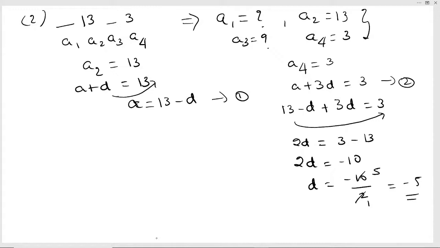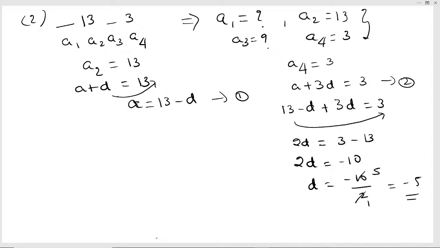Okay. So this is the common difference that we got, but we need the value of A1 as well as the third term. Now by using this D value, we can find A1 and also A3. Okay.